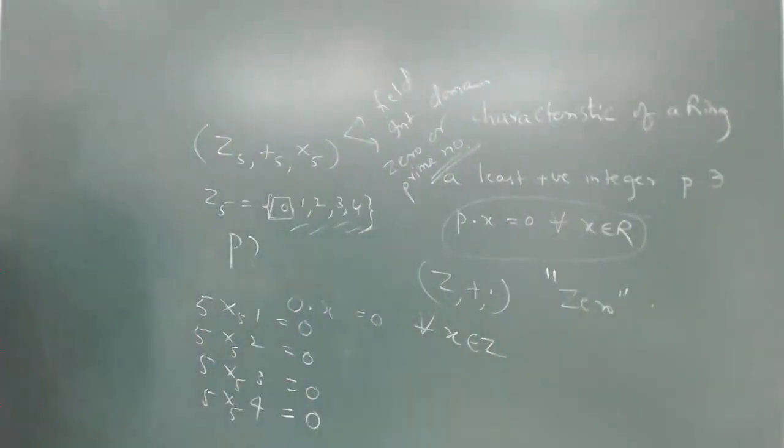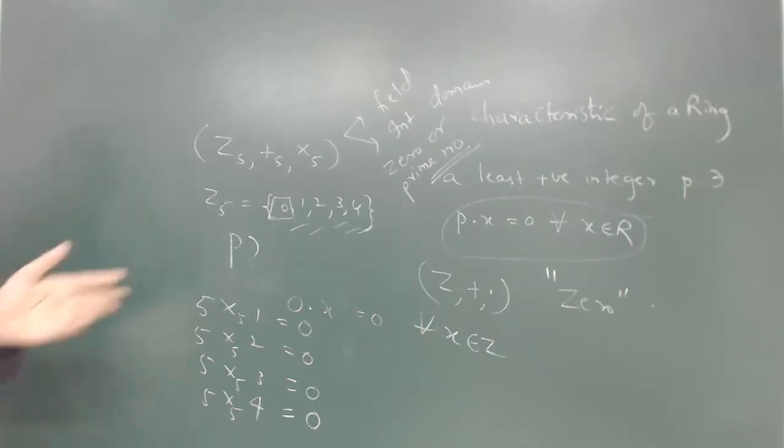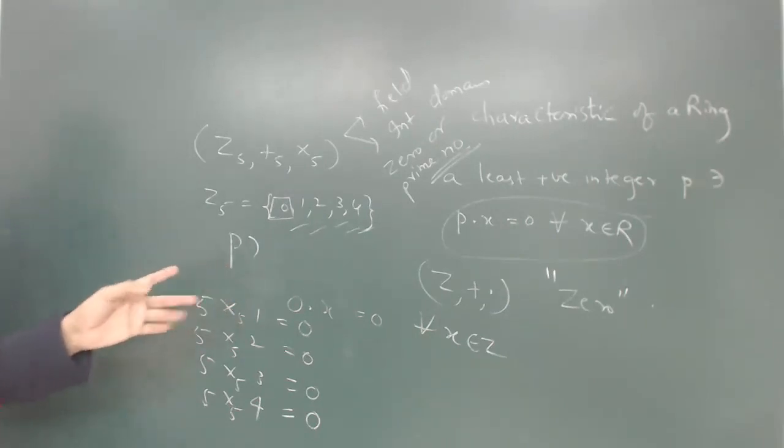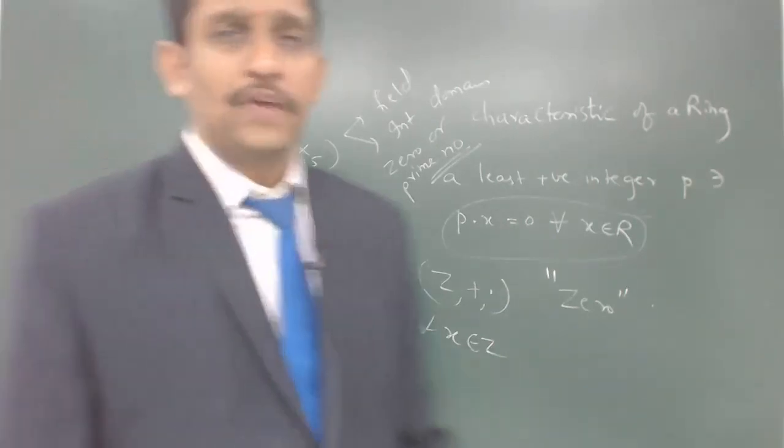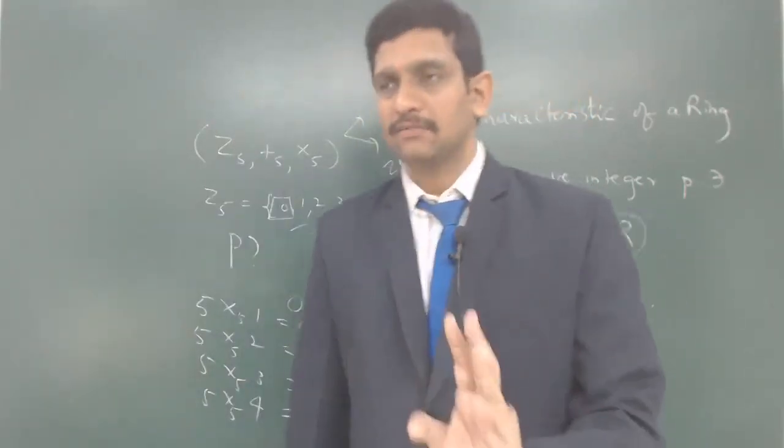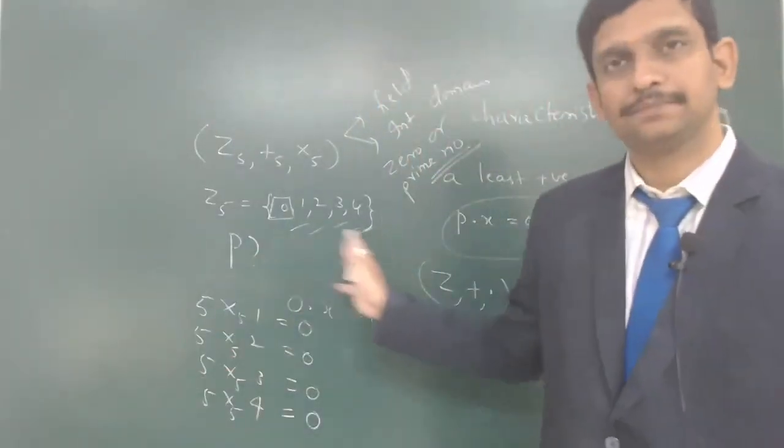The characteristic of an integral domain is either 0 or a prime number. That is true for a field also. This is one good example you can observe. And if we have taken a finite set, it is correct.